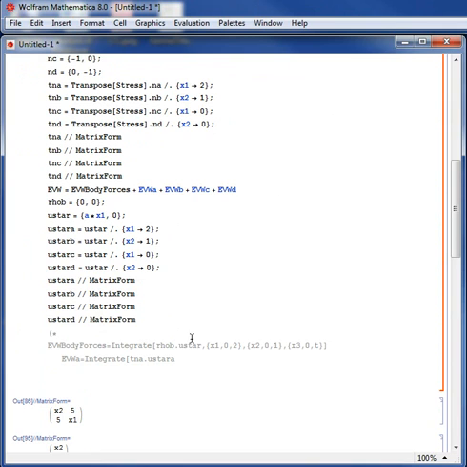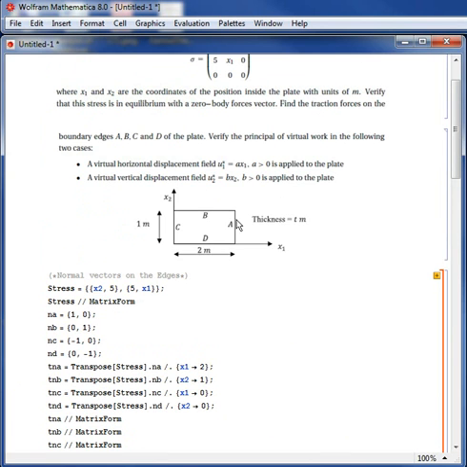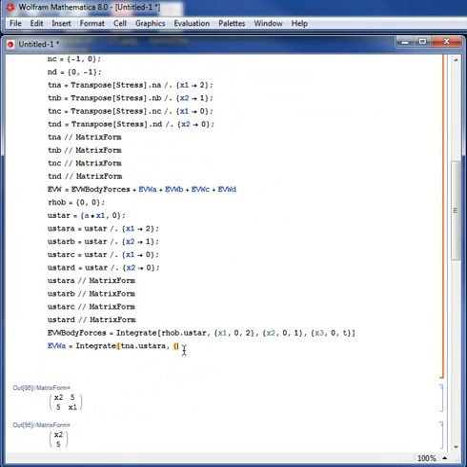Now the external virtual work is due to the body forces. The external virtual work on edge A is T_A dot u star A integrated over edge A. Now edge A has integration where x2 changes from 0 to 1, x1 does not change, and x3 changes from 0 to t.